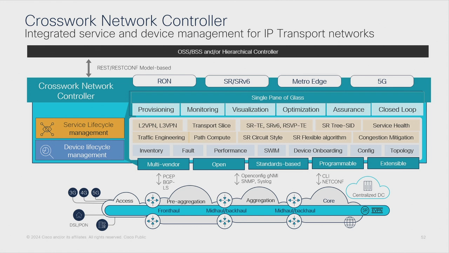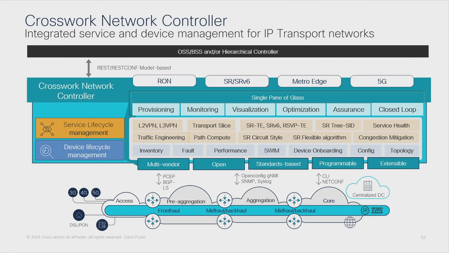That is where we manage the entire lifecycle of the services that you're delivering, right from the provisioning of services, whether it's L2 and L3 VPN services, visualization of topology, and different overlays to help ease the manageability of the network, then being able to optimize the network as well as monitor those services, which is quite key, just to make sure the service is up and running. This takes advantage of a lot of innovations in the platforms like circuit style or flexible algorithm to make sure that you're delivering the service level objectives associated with the service.